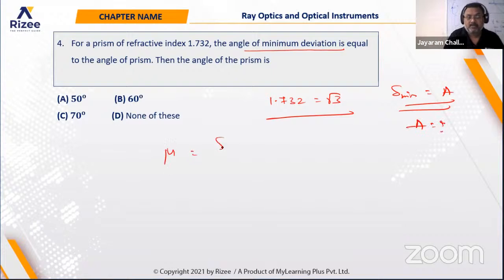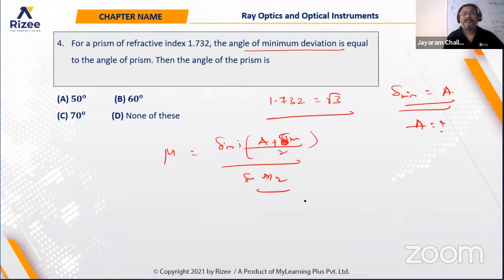Mu is equal to sine of A plus dm, minimum deviation, by 2, by sine of A by 2. Now root 3 value, root 3 is equal to, and your angle of the prism and angle of deviation delta m, both of them are the same. That means sine of 2A by 2 by sine of A by 2.